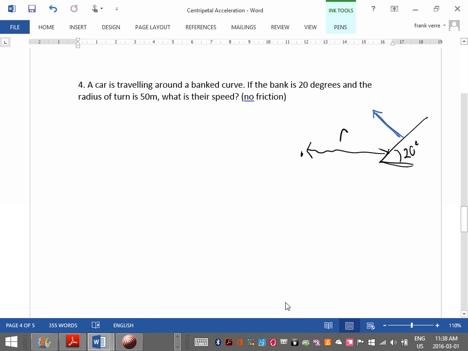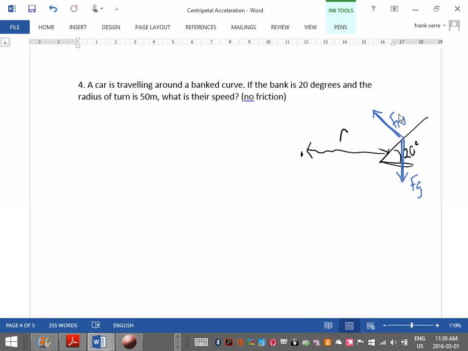What else? And which way does that point? Down. So the force of gravity points down like this. So here's my FG, and here is my FN.